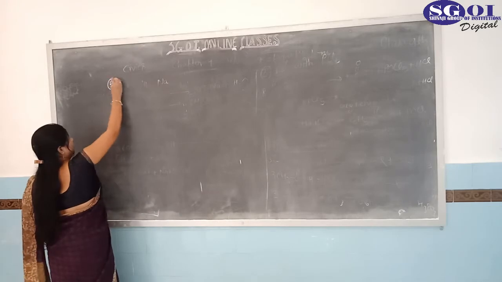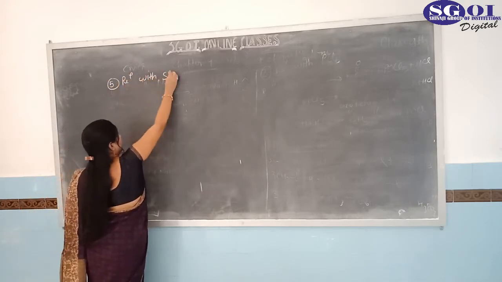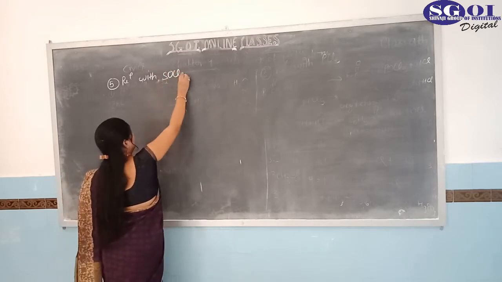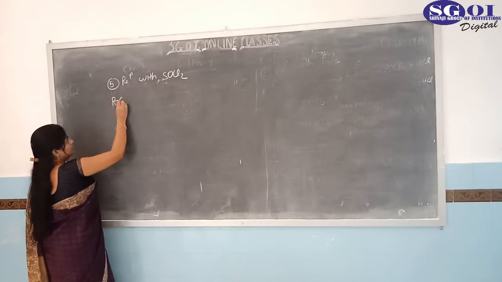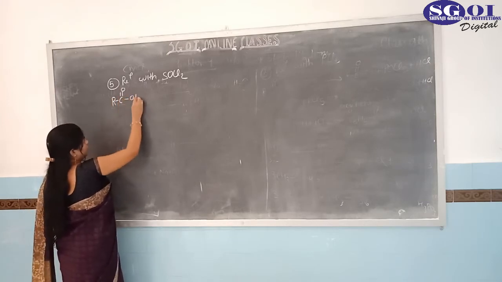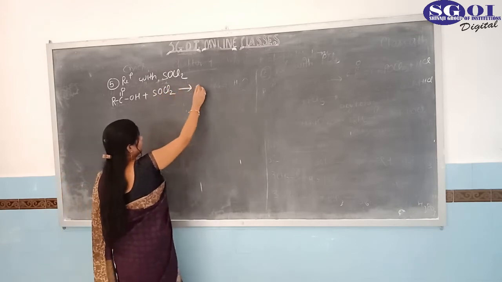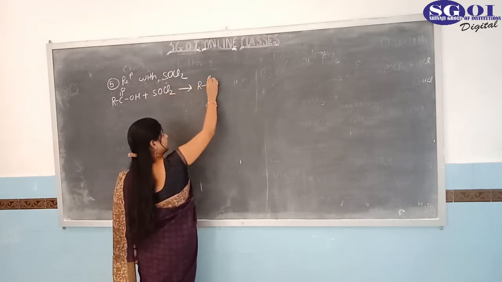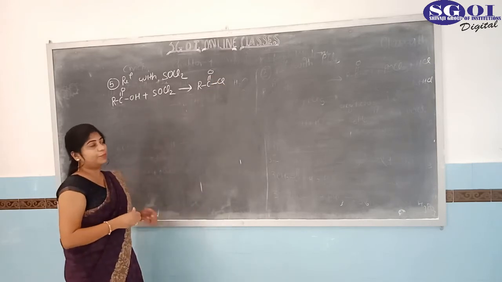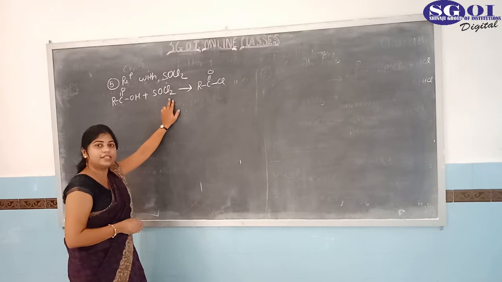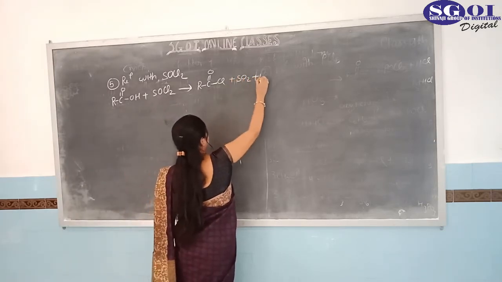Number 5, reaction with SOCl2, that is thionyl chloride. So when RCOOH reacts with SOCl2, it gives RCOCl, same as the reactions with PCl5 and PCl3, here also the same product is obtained, that is acid chloride plus SO2 plus HCl.